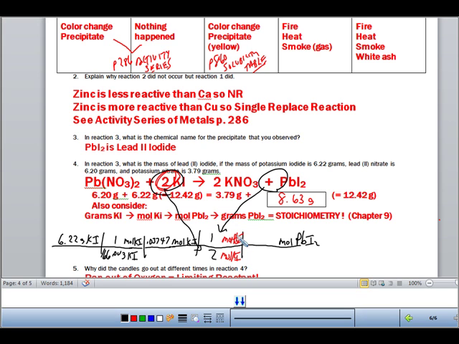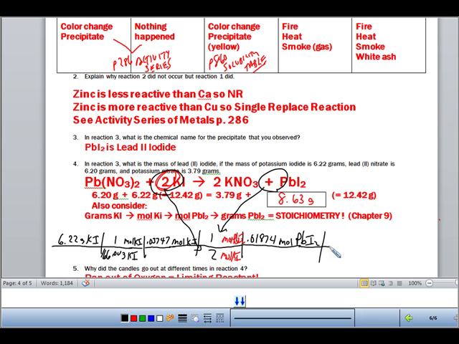So we divide our answer by 2, and what do we get? 0.01874. I got 735. Right? Yes? Everybody agree with that?